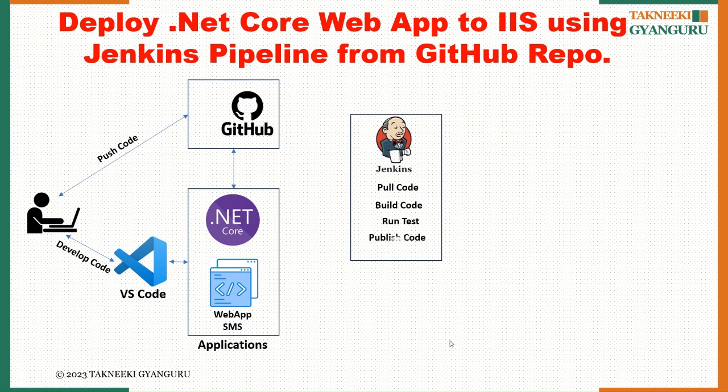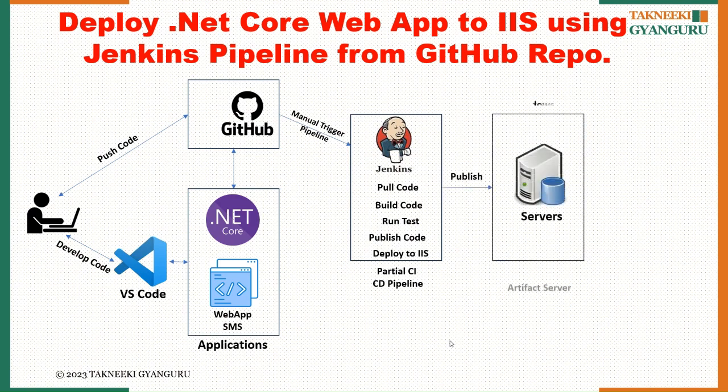Test is not there, but we mentioned test in the Jenkins pipeline, then publish code, and finally we'll deploy our code to the IIS. It is a partial CI and CD pipeline, because it's still not an automated pipeline. It is manually triggered, right?